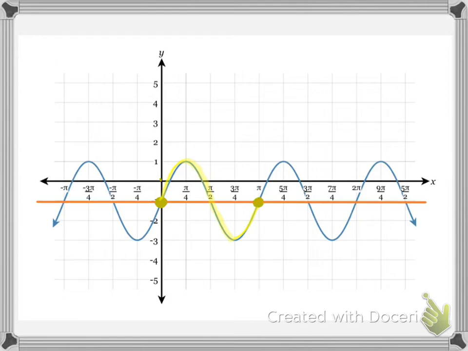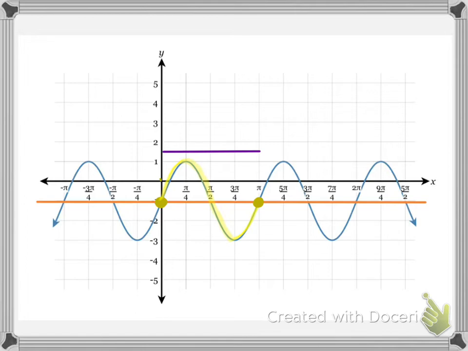So how long is my period going to be? Well, let's use another color, let's use purple. It started at 0, and it went all the way to right here. So how long is that period length?